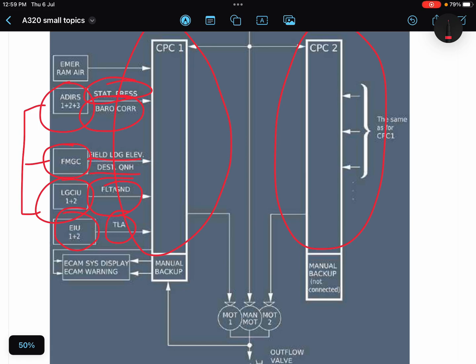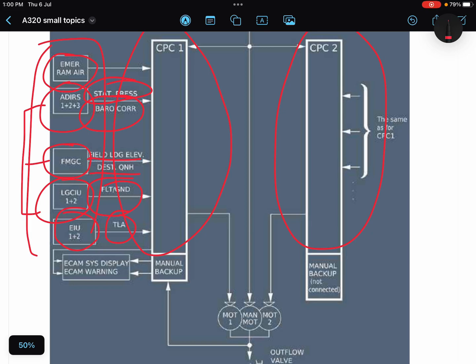EIU stands for engine interface unit. Along with LGCIU, FMGC, ADIRS, even emergency ram air input is taken, right? This is how, with the help of all these things, your aircraft gets pressurized. All this information goes to the CPC, and with the help of the combined information, the CPC pressurizes the aircraft, right?